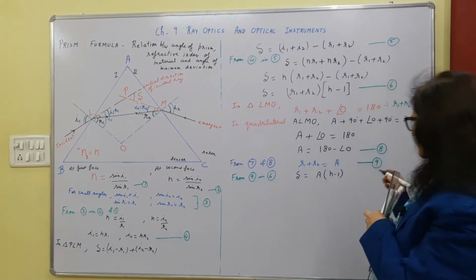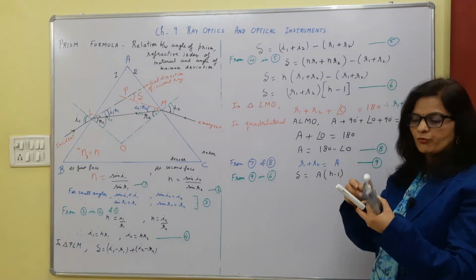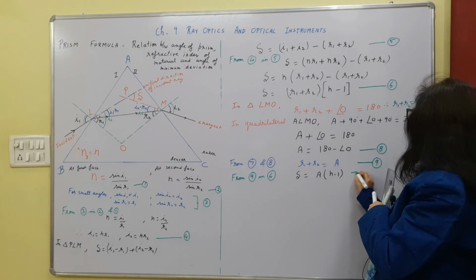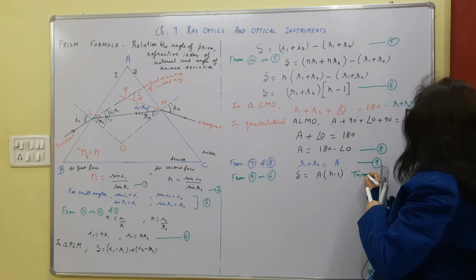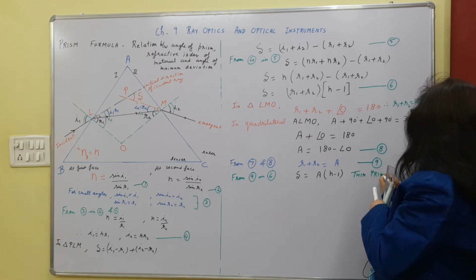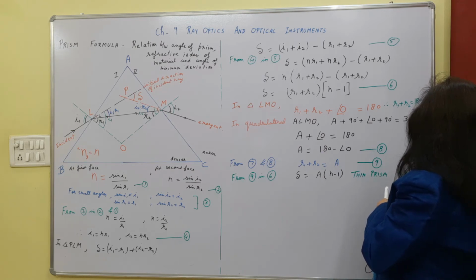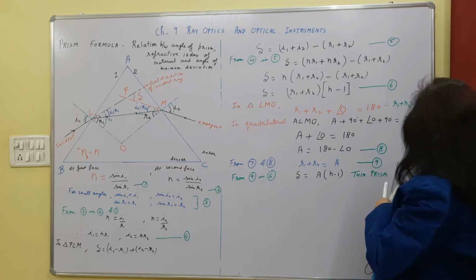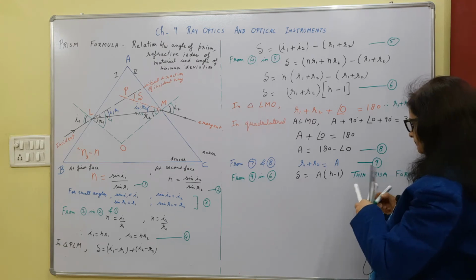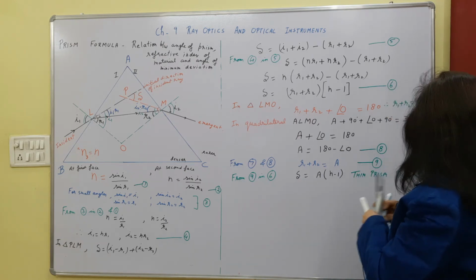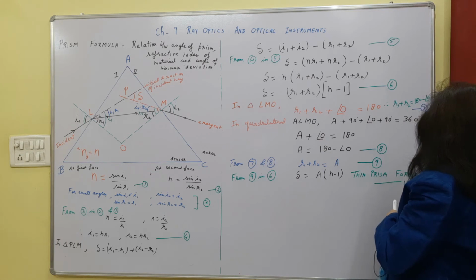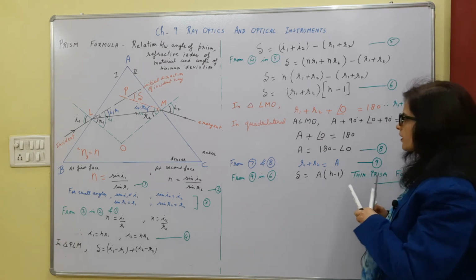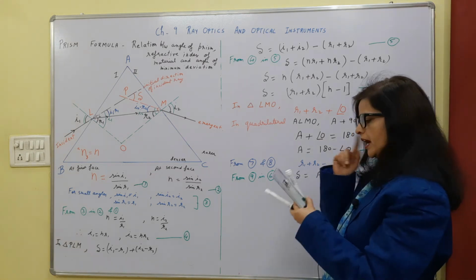This is called the thin prism formula, and this is equation 10.